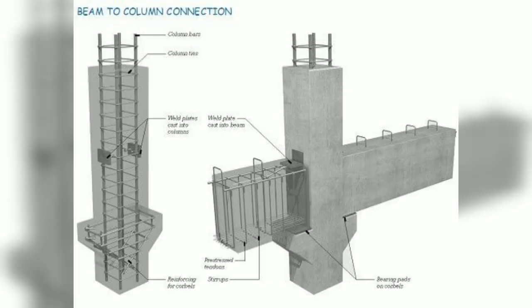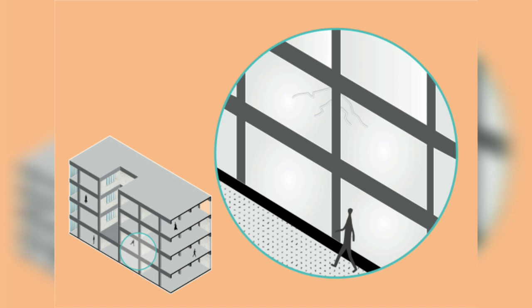Here you can see the arrangement of reinforcement in concrete, in a column, beam, and so on. Structural elements may undergo tension as well as compression. Flexure is again a combination of compression and tension.